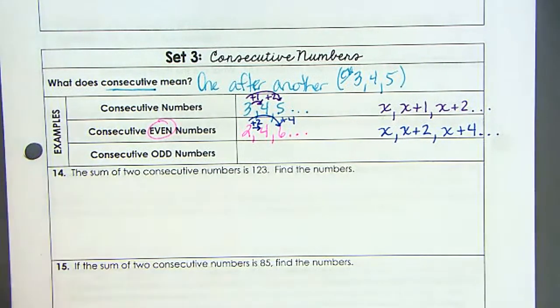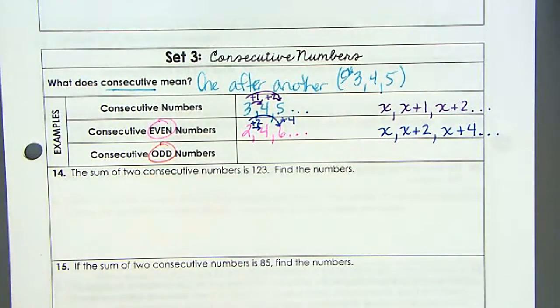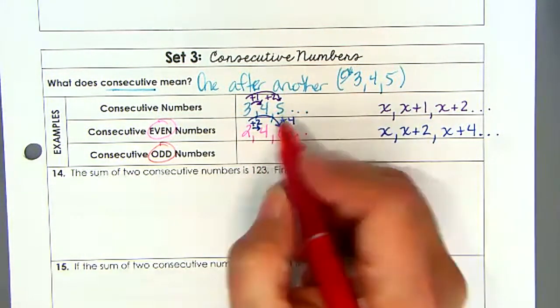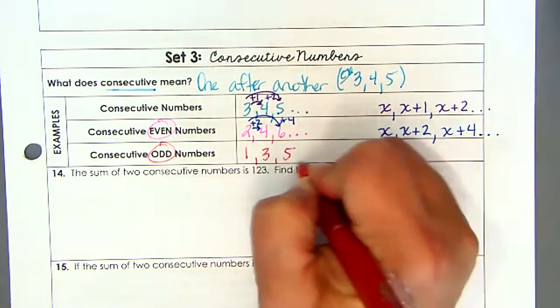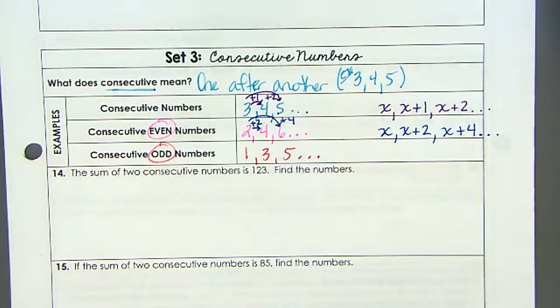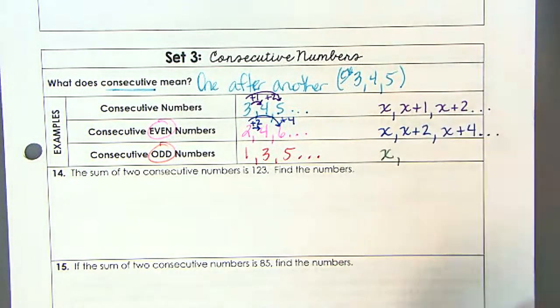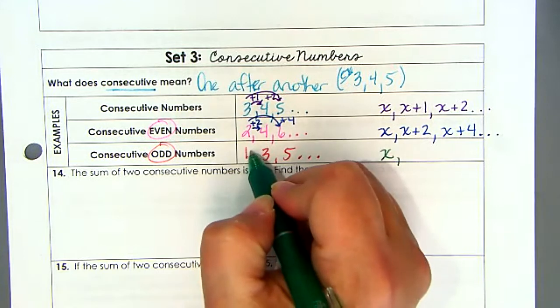Now, what's nice about the next scenario is even and odd can be thought of as the same, even though that's not the same number. My consecutive odd numbers would be 1, 3, 5, and so on. But let's look at the relationship between them. Again, the first number is always going to be X. Then I'm asking, how is the second one connected?